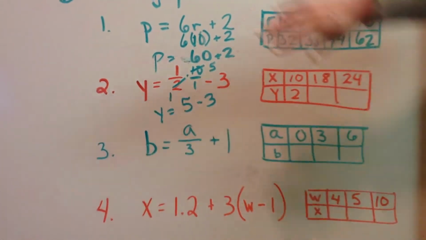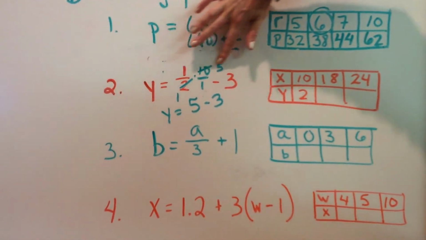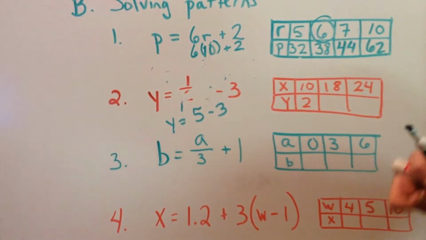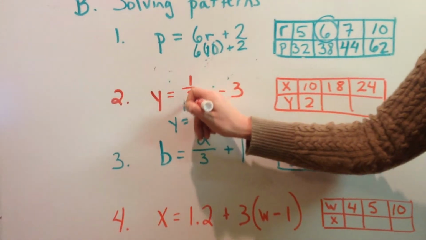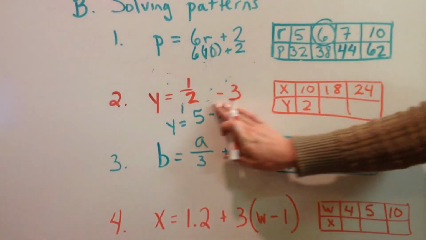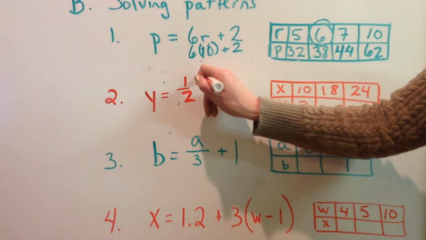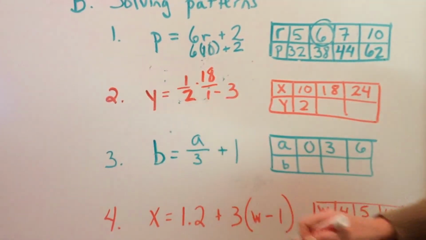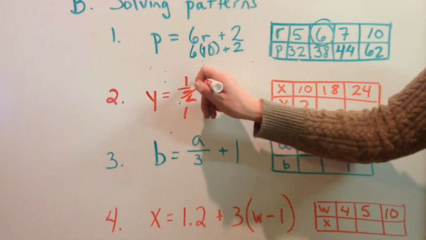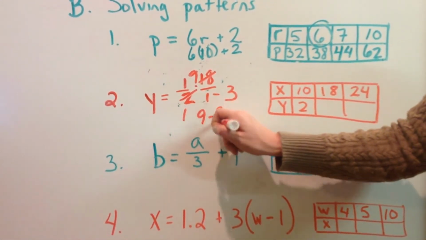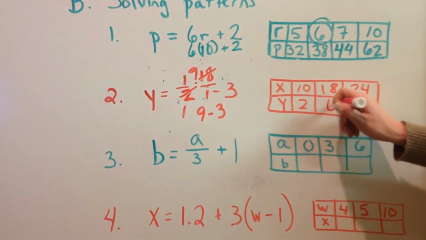So now we're going to do it again. I'm going to erase some stuff with my handy dandy finger. Now we're going to do it again. This time I'm going to replace my x with a multiplying 18. Again, I can cross cancel. 1 times 9 is 9, and 9 minus 3 is 6.